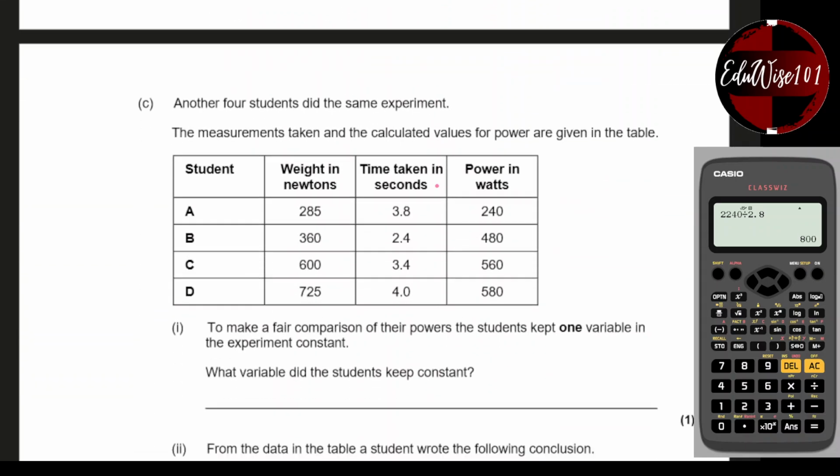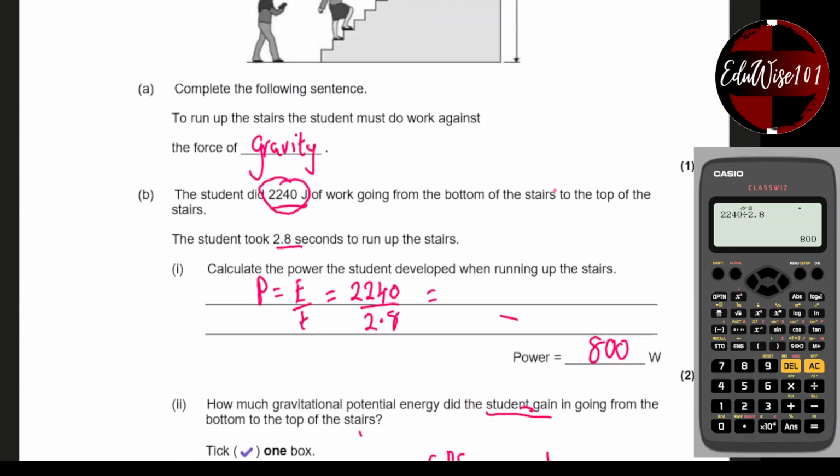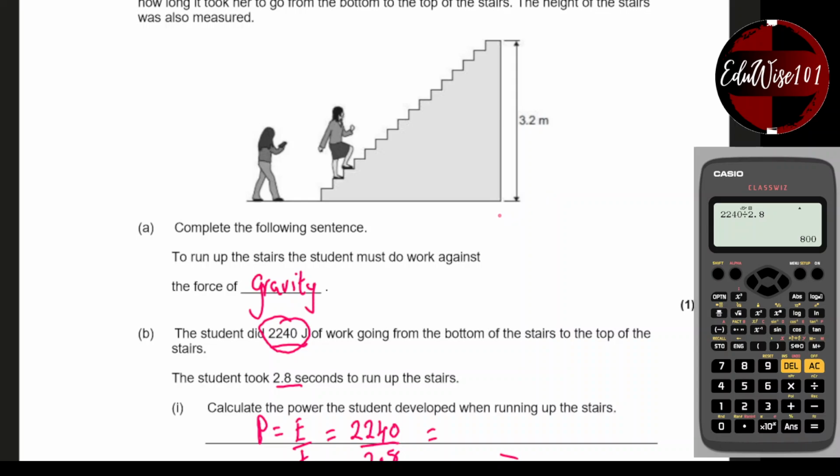Another 4 students did the same experiment. Measurements taken and the calculated values of power are given in the table below. To make a fair comparison of their powers, the student kept one variable in the experiment constant. What variable did the students keep constant? Well, they would have run up the same flight of staircase, which means the height.